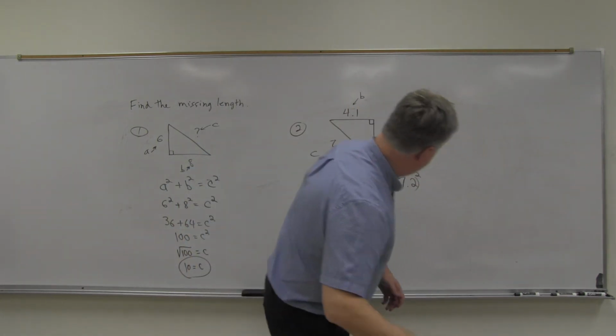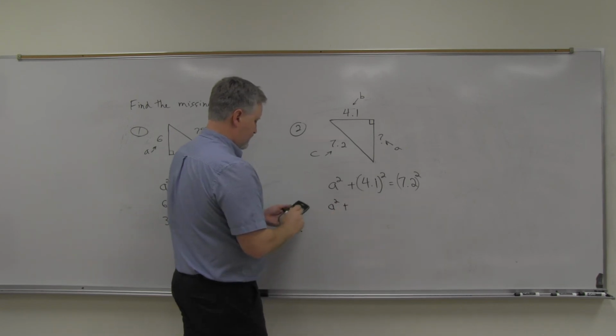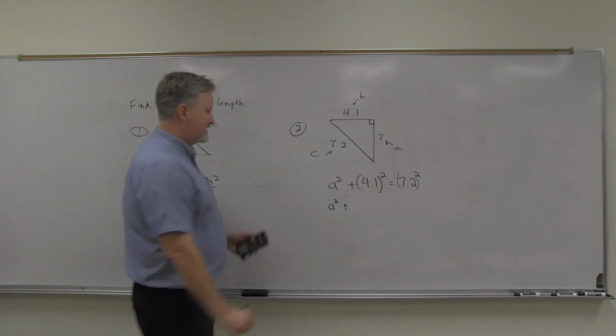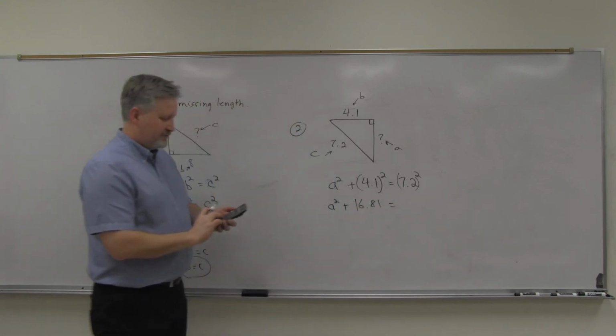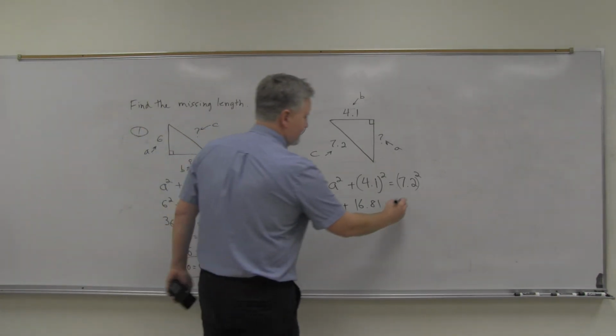So in that case, I've got a squared plus 4.1 squared, which is, let me find my square button, 16.81. And then 7.2 squared is 51.84.